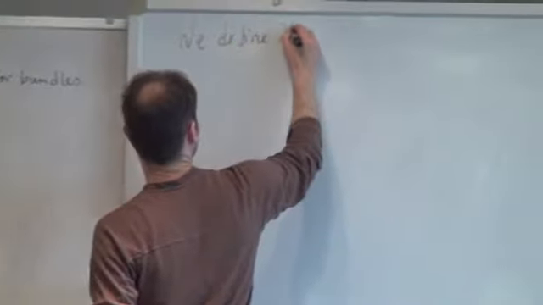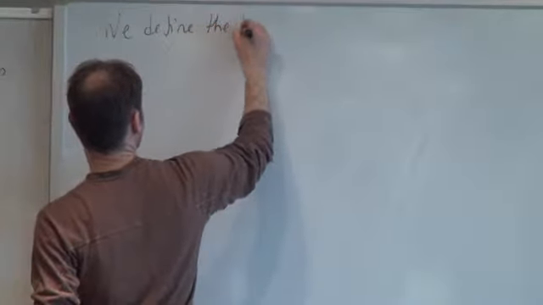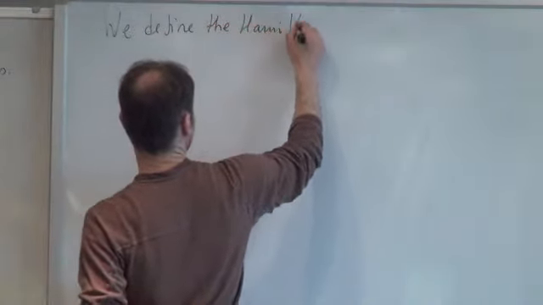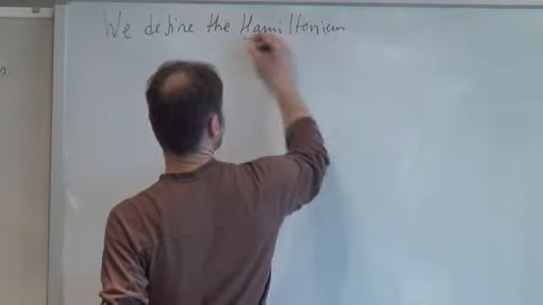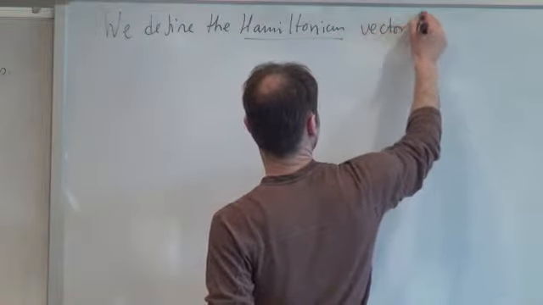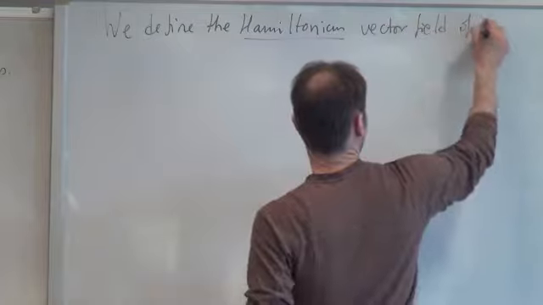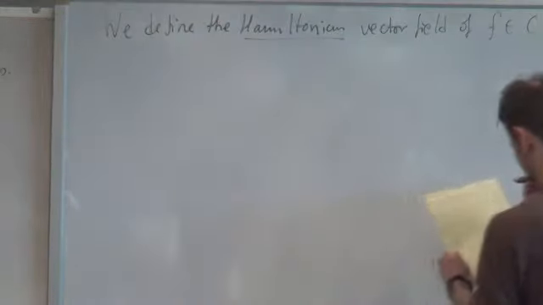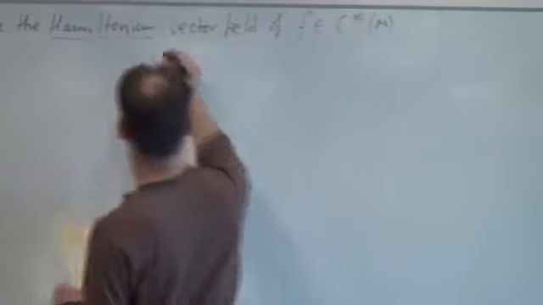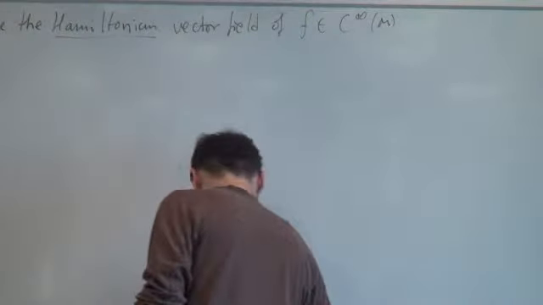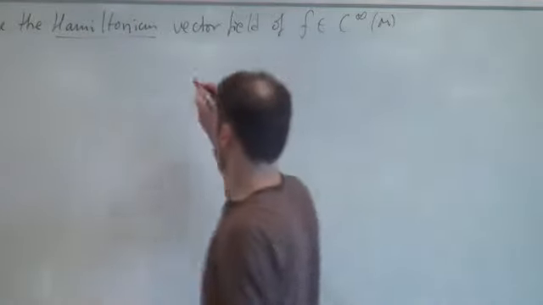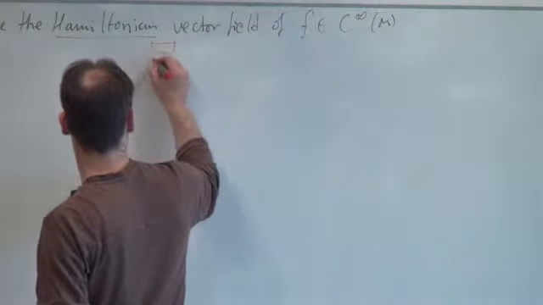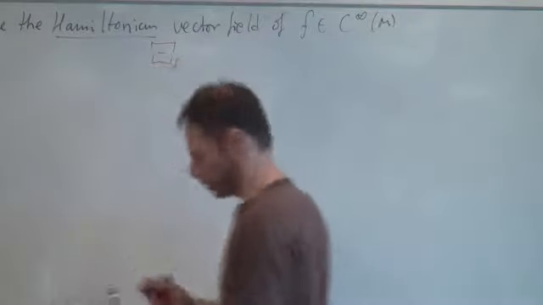We define the Hamiltonian vector field of a function. Let me give it a name. Since all the symbols in symplectic geometry are overworked, I think I'll use Gilman's convention. I'll call it chi-sub-f.